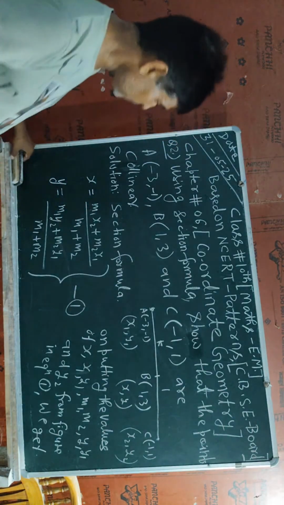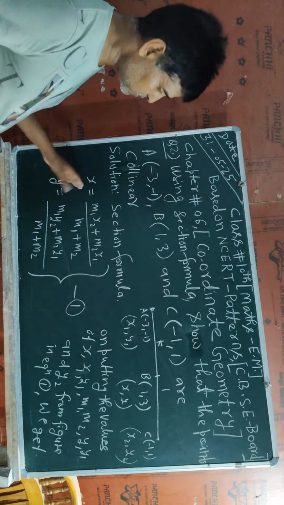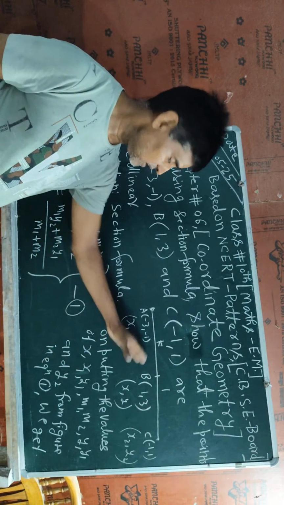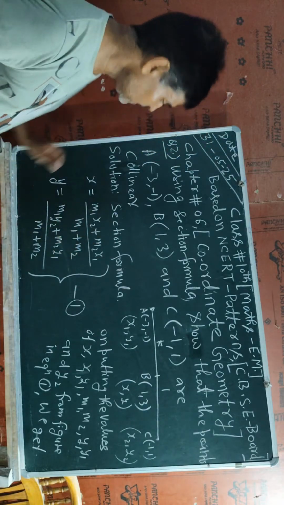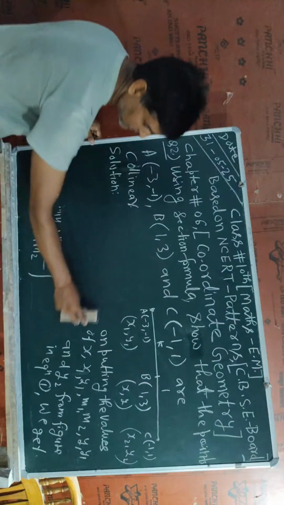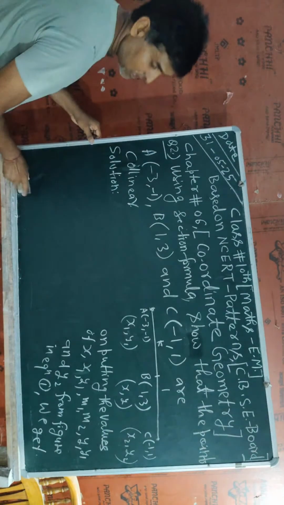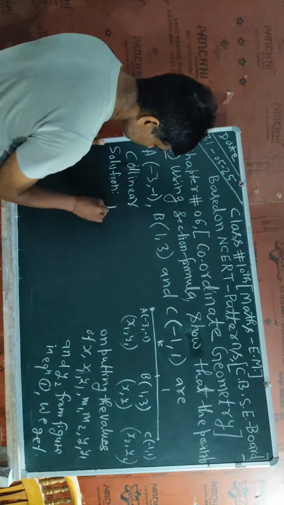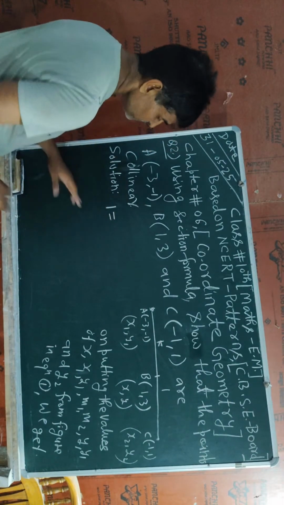Okay, now I am going to erase this one, and after erasing I will substitute all the information from the figure in equation 1 and then we will solve. Now in the place of x I will put 1, which is equal to m1.